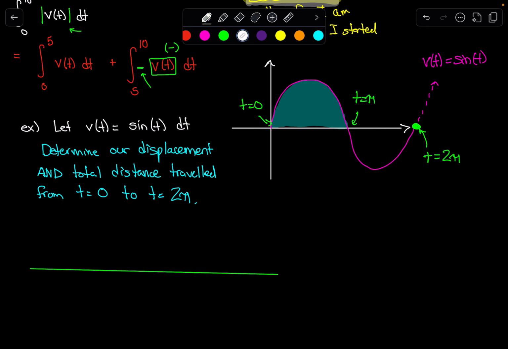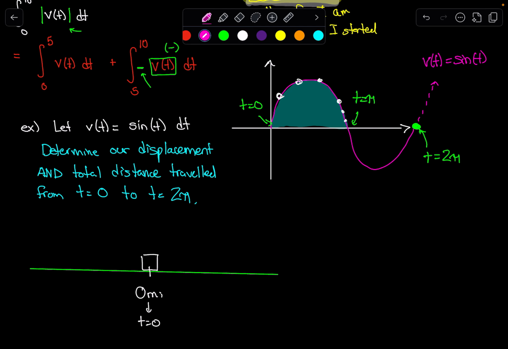So if we start our engines right here when t is equal to 0, let's just use miles, we're at the 0 mile marker, okay, so we're starting right here. And so we're at 0 miles when t is equal to 0. Our velocity is positive. So it looks like we're speeding up, and then our velocity is slowing down a bit, but we're still positive.